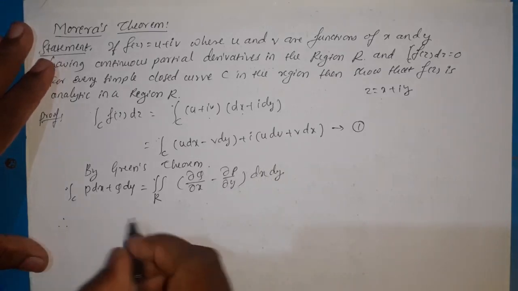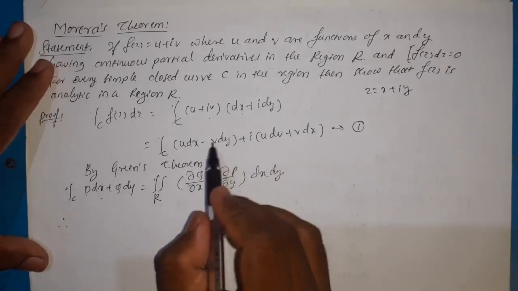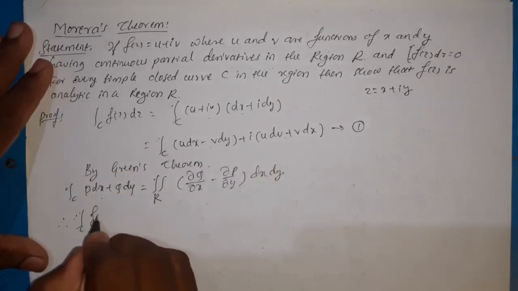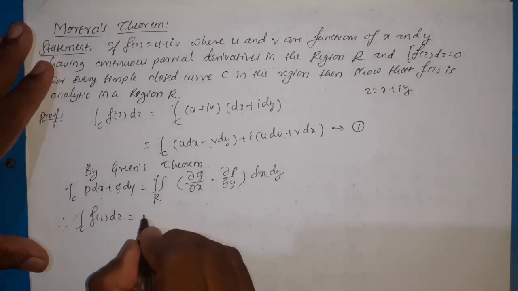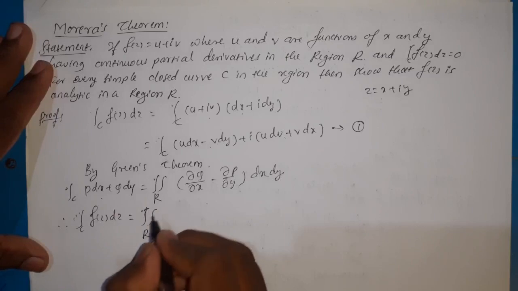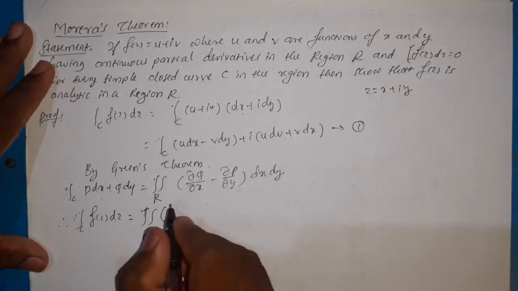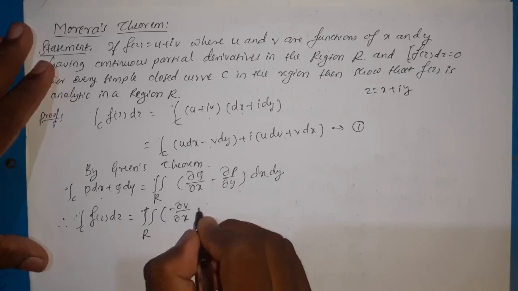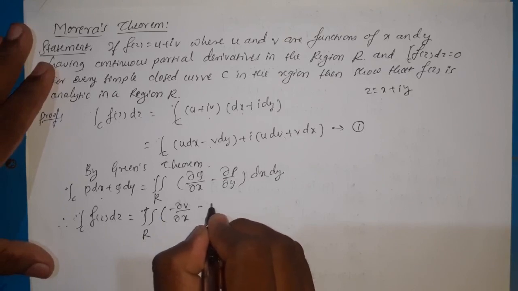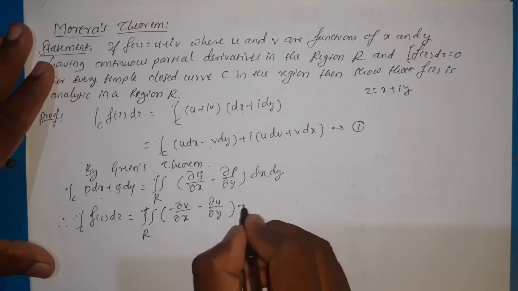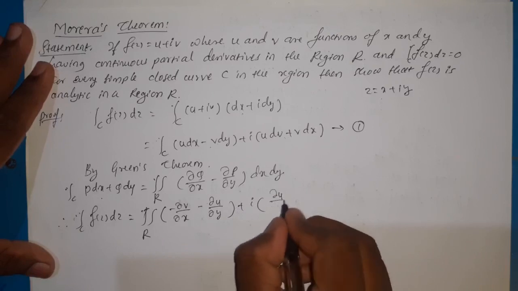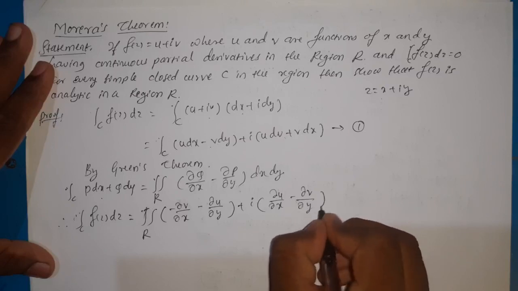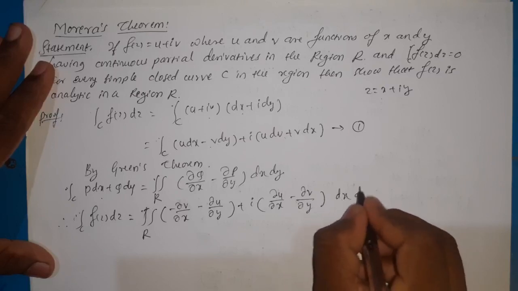So applying the same Green's theorem for these two, the LHS integration over C f of z dz is equal to double integration over R of minus dou v by dou x minus dou u by dou y plus i into dou u by dou x minus dou v by dou y into dx dy.